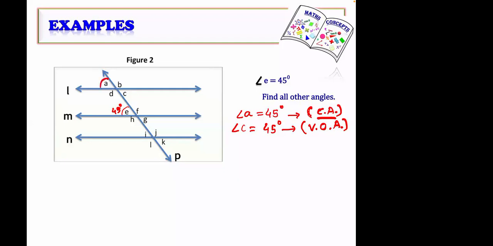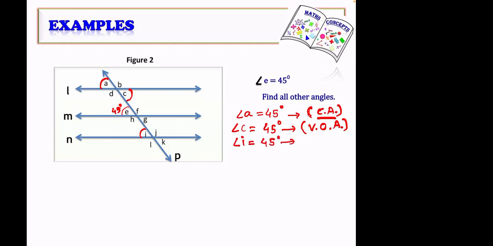Soham has told A and C. Now, based on these, can you tell any other angle? We know E is 45 degrees. Then I will also be the same, 45 degrees. What will be the reason? Ma'am, because they are corresponding angles.